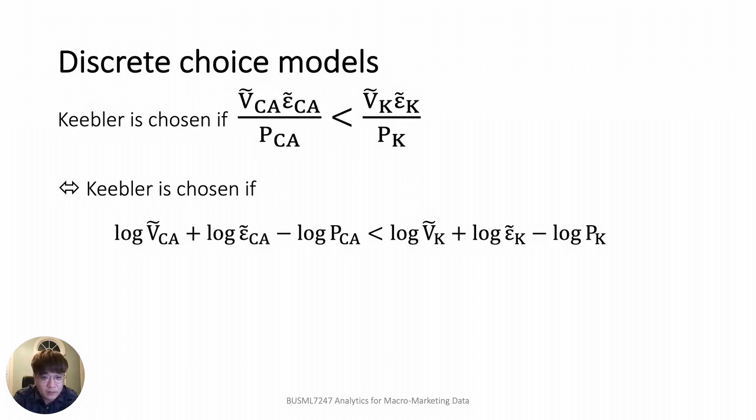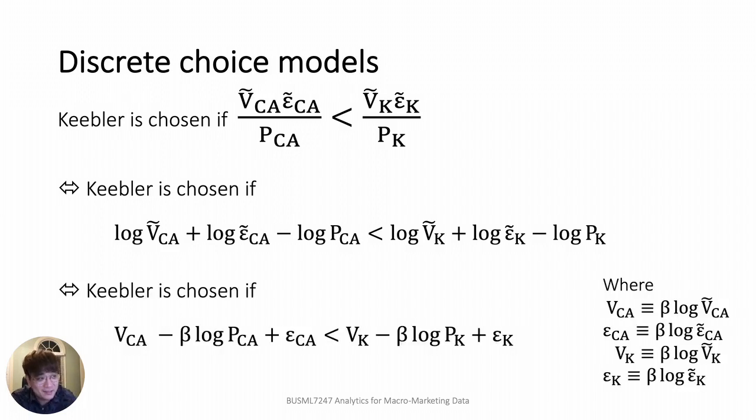Let's assume that the standard deviation of the unobserved component is constant over the brands, and denote by beta the inverse of the standard deviation, that is the precision. Multiplying each side of the inequality by beta, we have a normalized inequality, and replacing V and epsilon with the corresponding V tilde and epsilon tilde terms, we have this simplified choice rule equation.